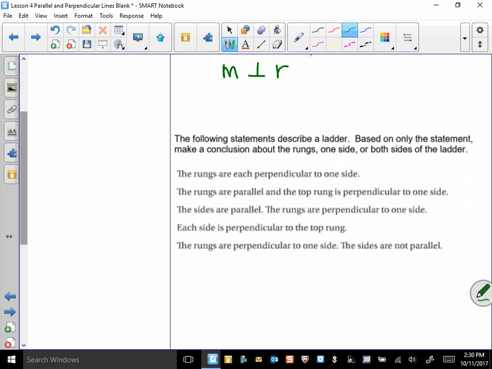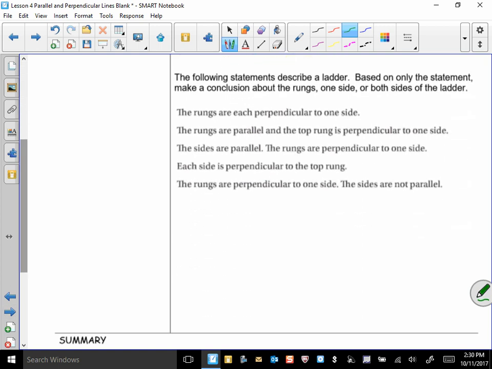Okay, and this problem here takes a lot of thinking, and guys, what it's going to require you to do probably is for each one of these statements, you're going to need to redraw this picture. You're going to need to redraw the ladder. So for instance, let me do one, and then again, I'm going to ask you to do the rest of these. So for this first one here, I've got a ladder, and it says I'm only going to use the statement to make some conclusions about the rungs, one side or both sides.